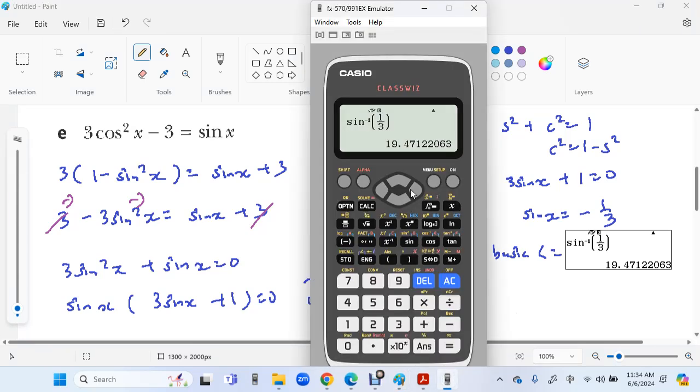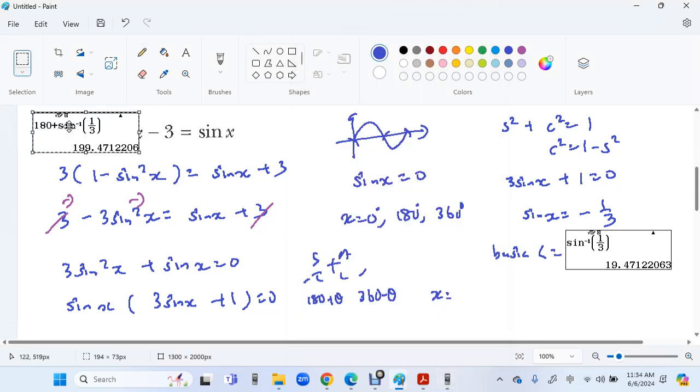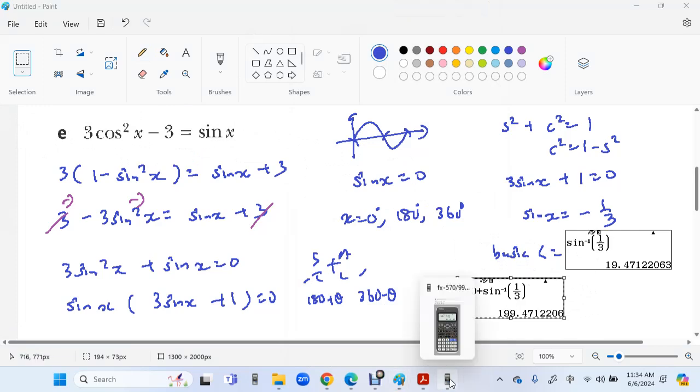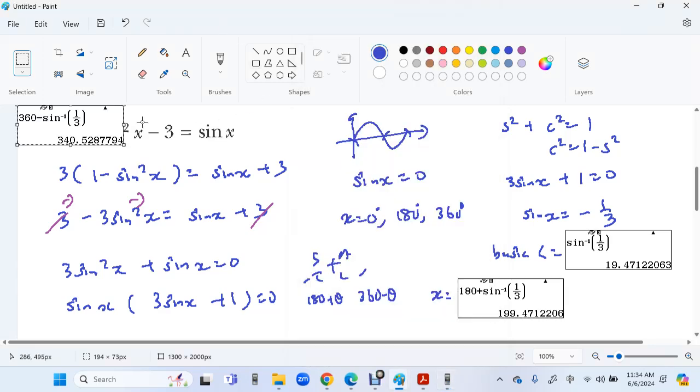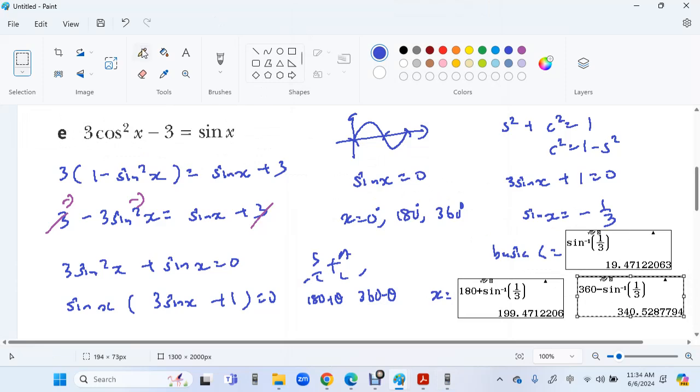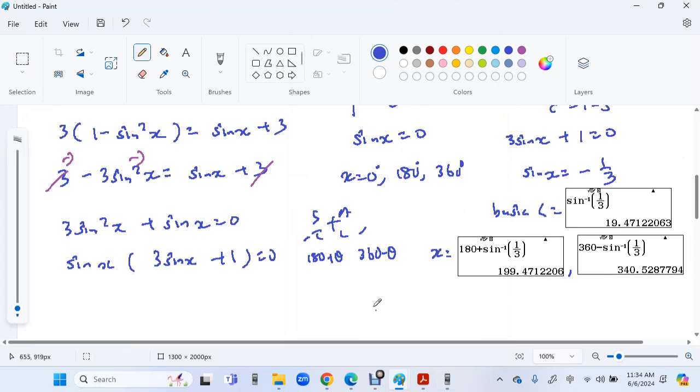So we have the 180 plus, and then we have the 360 minus. Okay, so we combine all together, then x will be 0 degree, 180 degree, 199.5 degree, 340.5 degree, and 360 degree.